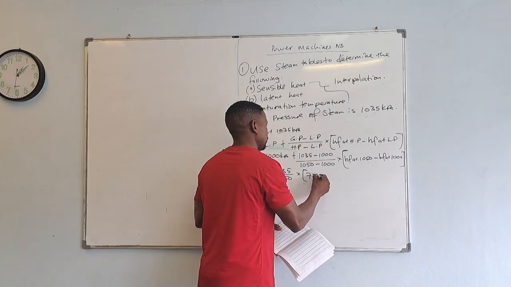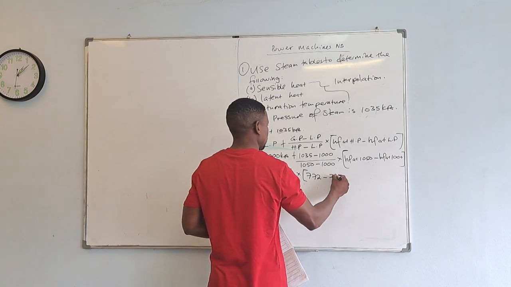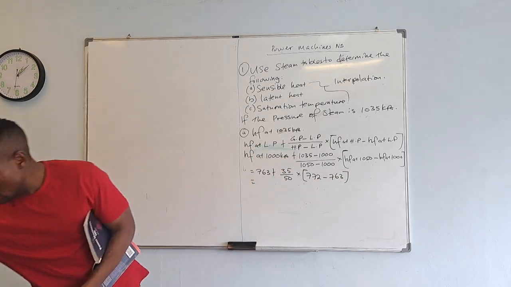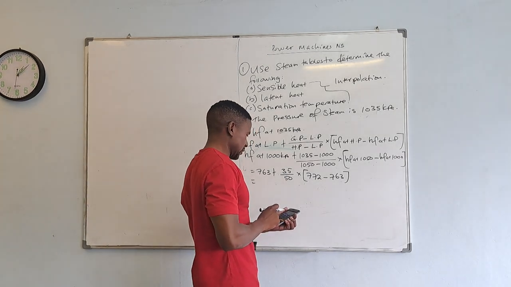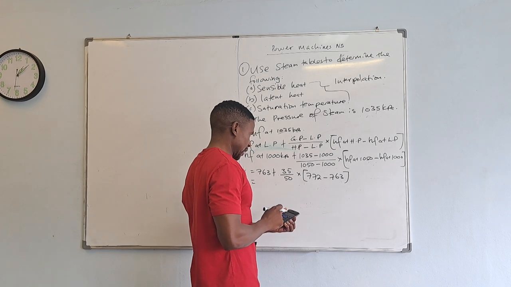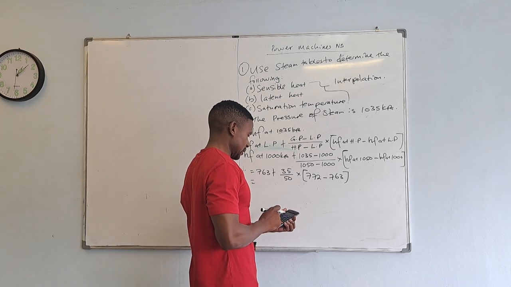So it's 772 minus our HF at 1000, which is 763. From there, we substitute, so we have 763 plus 35 over 50 times 772 minus 763.